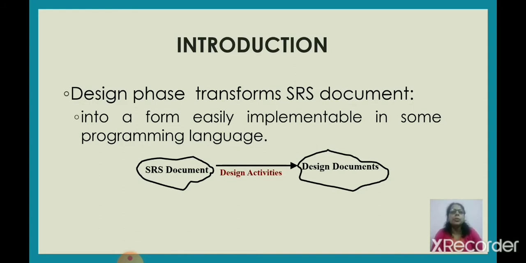I have discussed the SRS document in previous classes. From the SRS document, we know the requirements of the customer, and from that the software engineers design a document that is known as the design document. From that design document, it is easy to implement in a programming language.